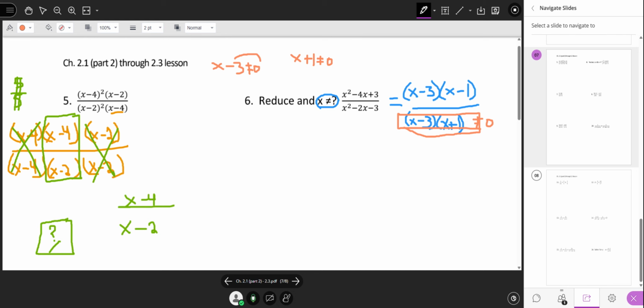And remember, when a term goes to the opposite side of an equals, it takes the opposite sign. So instead of negative 3, I get positive 3. And instead of positive 1, I get negative 1.